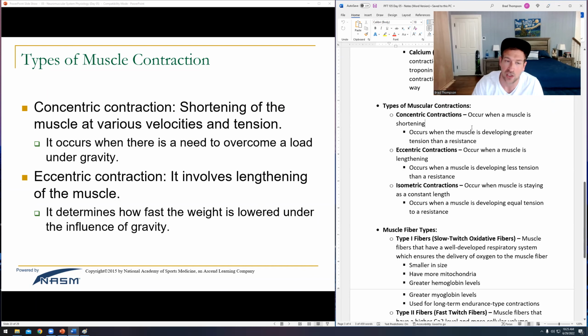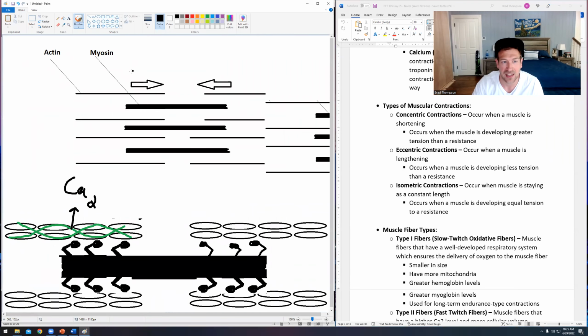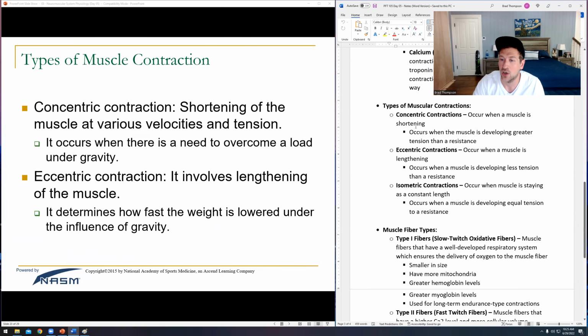Concentric contractions occur when the muscle is shortening. So when the sliding happens and this is going towards its center like this, that is a concentric contraction. This muscle is shortening. Concentric contractions occur when your muscle is generating enough force to overcome some type of resistance.